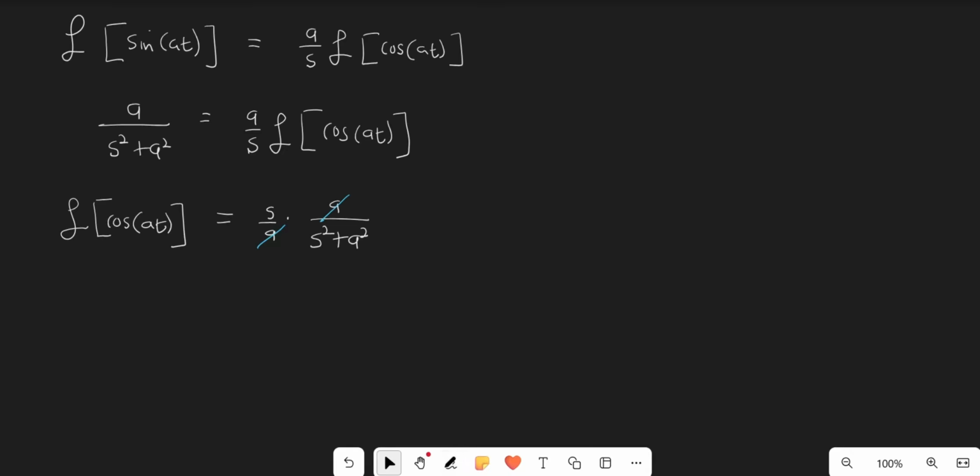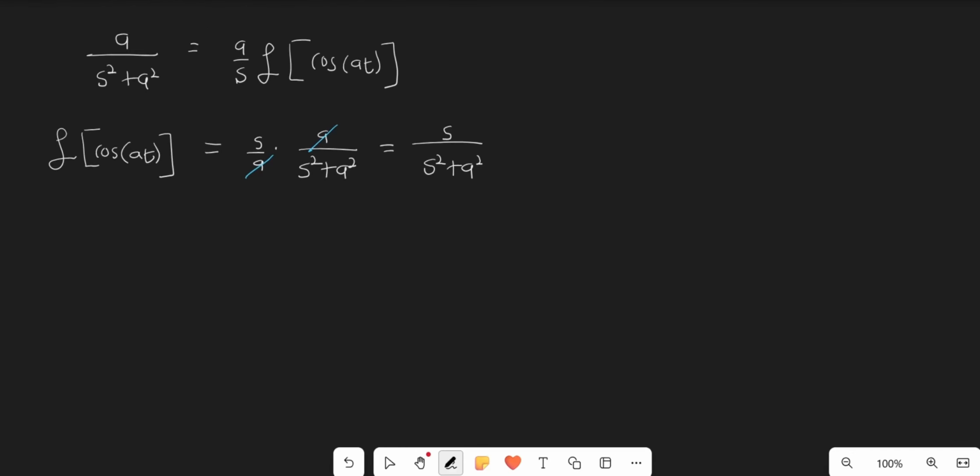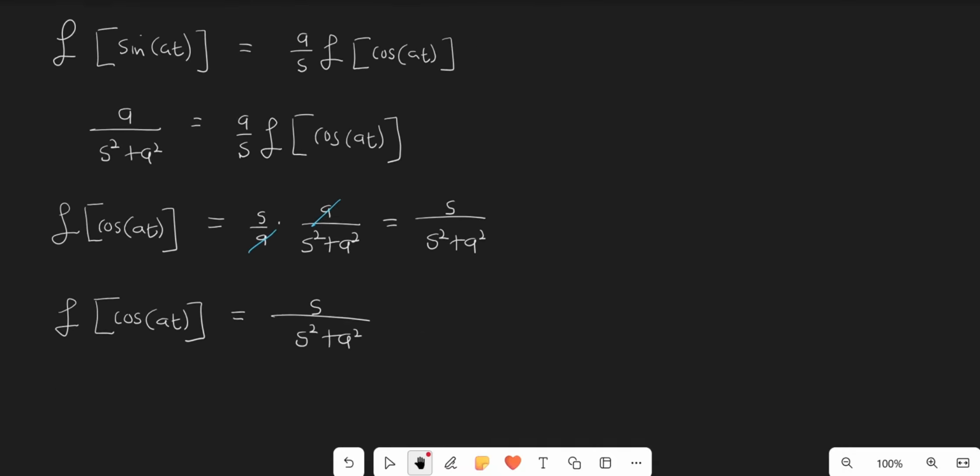This one is going to cancel this one out nicely, and what you are left with is s all over s squared plus a squared. So the Laplace transform of the function cosine of at is equal to s divided by s squared plus a squared. This is what we have for the Laplace transform of the cosine of at.